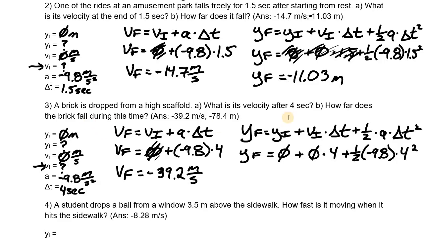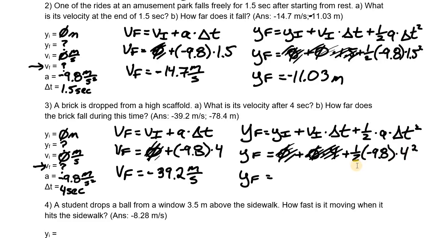This is t squared. I'm not going to bother writing in the first term, since 0 times any number equals 0. So all we have to do is plug in 1/2 of negative 9.8 times 4 squared.